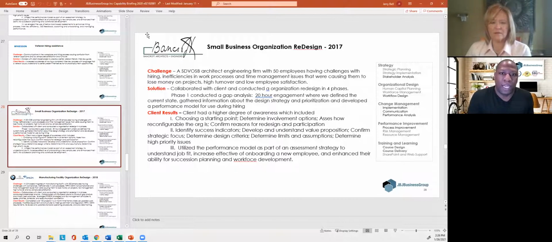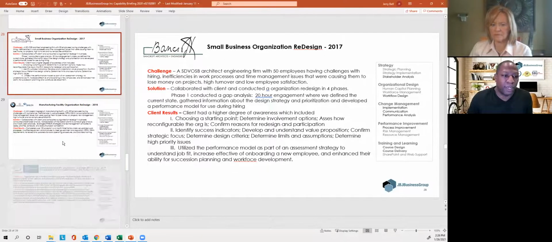And the challenge they had was some time management and work process issues. We did an org redesign, did a first phase of a gap analysis, and then we were able to determine the starting point, identify some success indicators, and then we introduced an assessment.